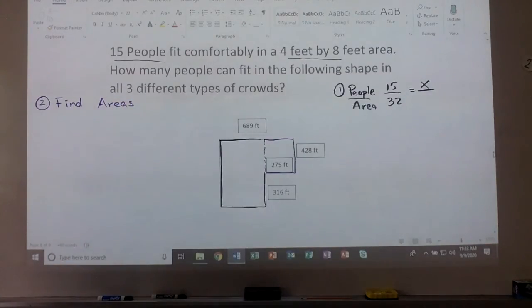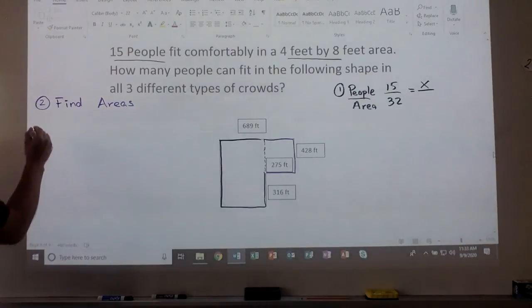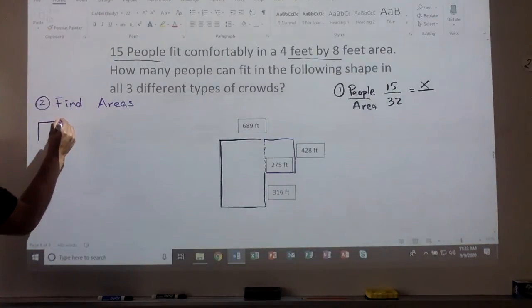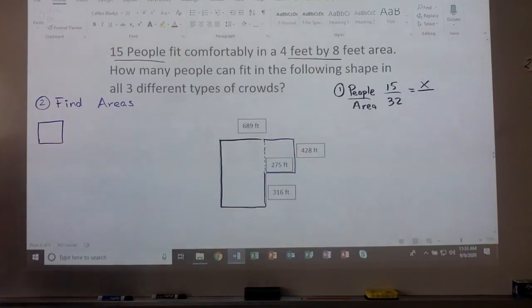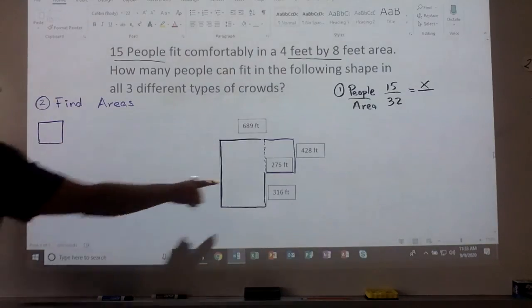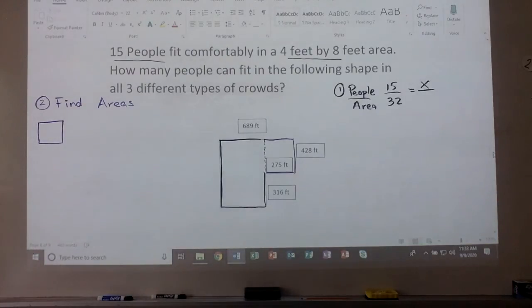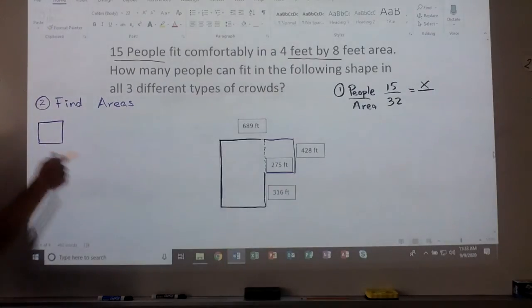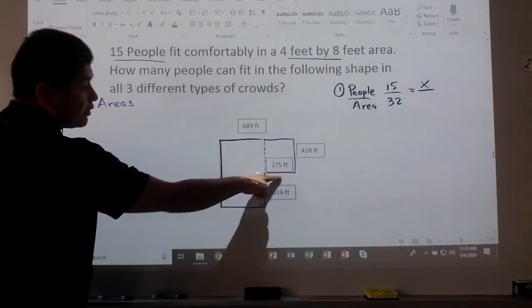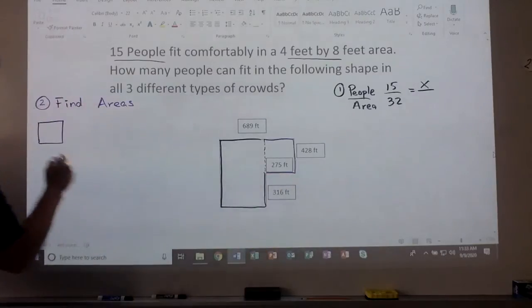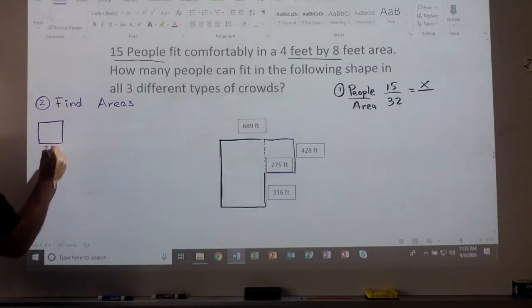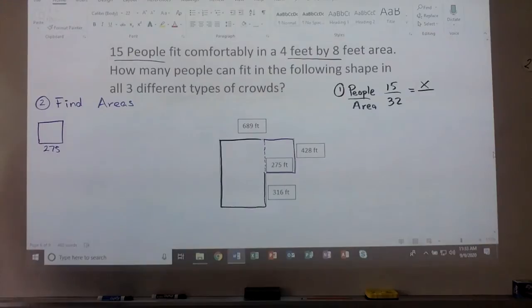I'm even gonna do it in a different color. The first one, the purple, which represents this purple here. In order to find the area of a rectangle, I just need the length and I need the width. So based on this, isn't this the same thing as this? So I'm just gonna put 275.